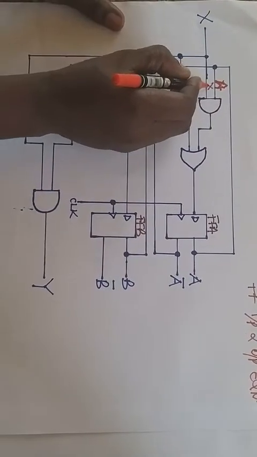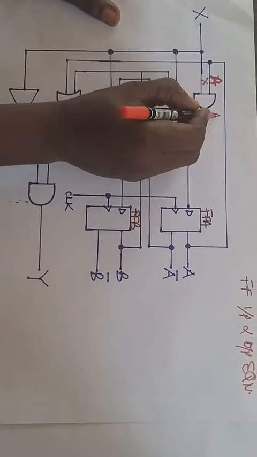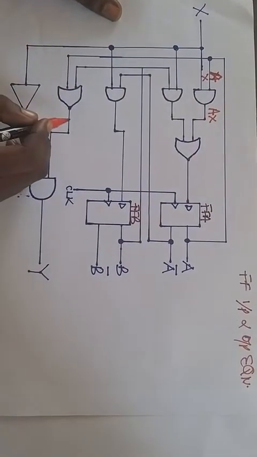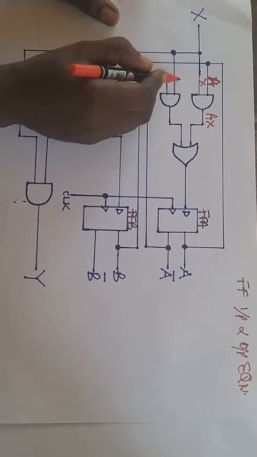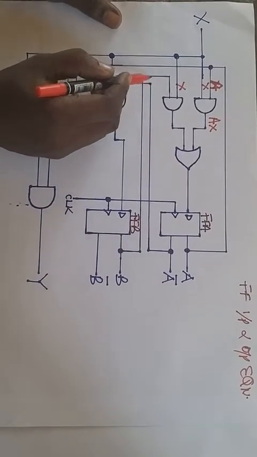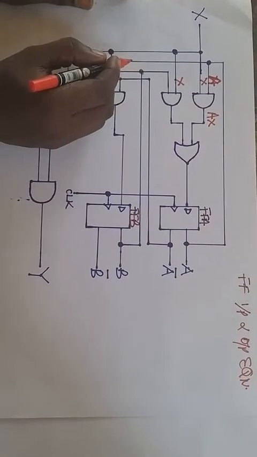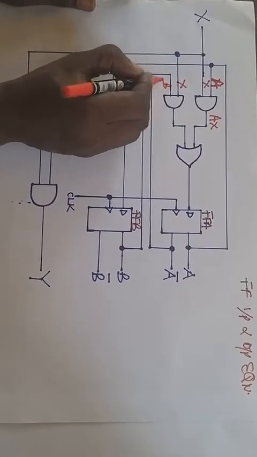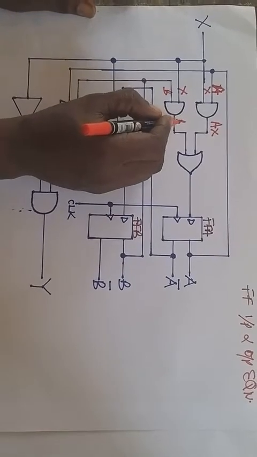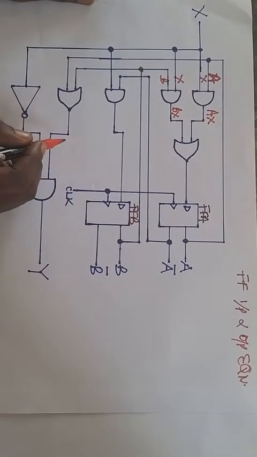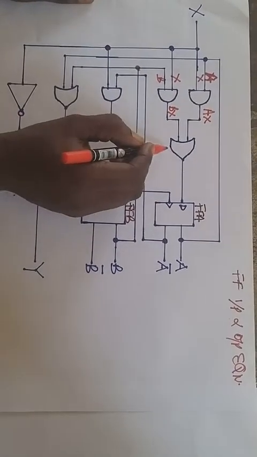And then we have X coming here. So here will be AX, right? This is also X. Now you have B coming here. So this will be BX. Then we have the OR gate.